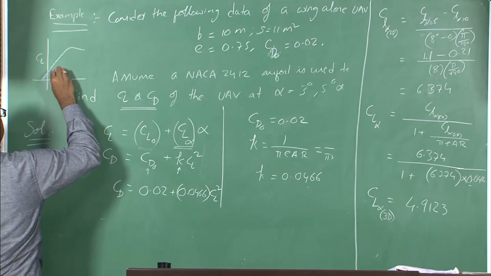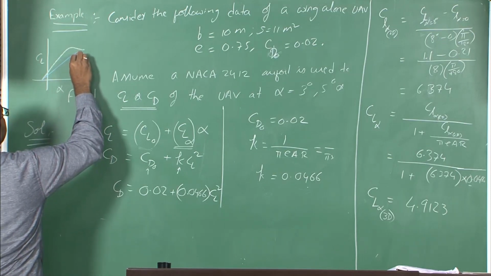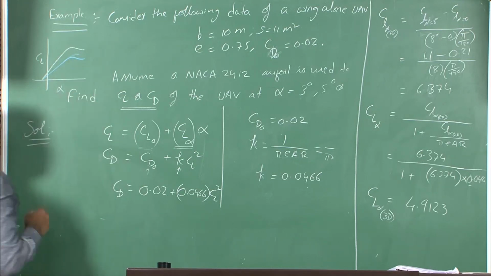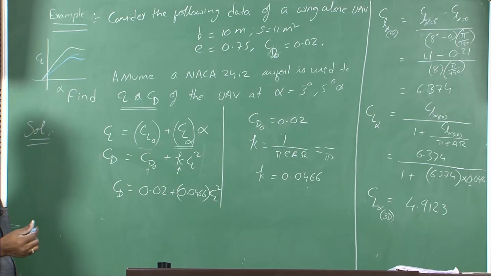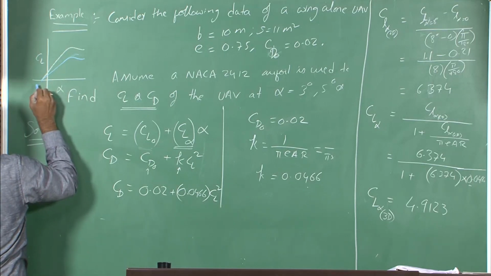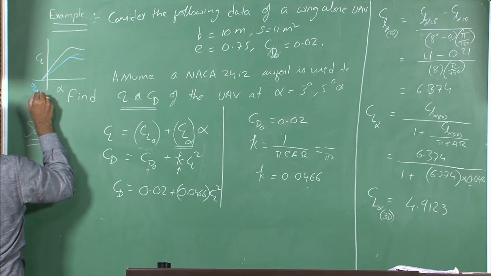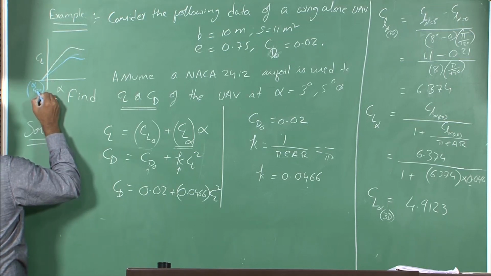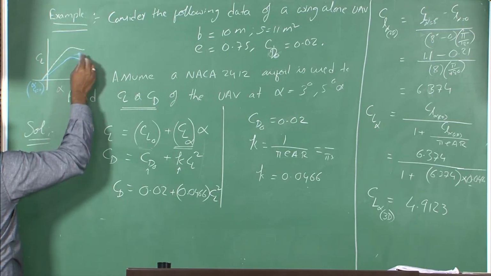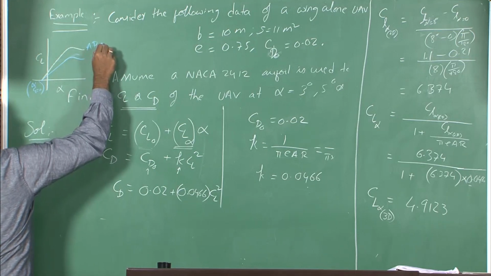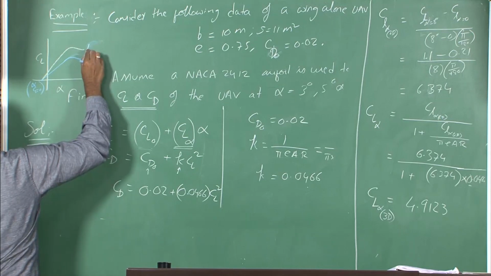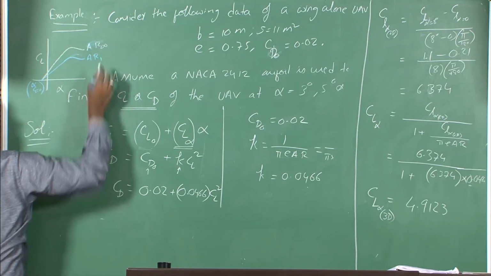The alpha at which CL is 0 for the aerofoil will remain the same for the wing as well. This is the assumption. So this is the alpha at which CL is equal to 0, and it remains the same for an infinite aspect ratio wing and a finite aspect ratio wing as well, right.